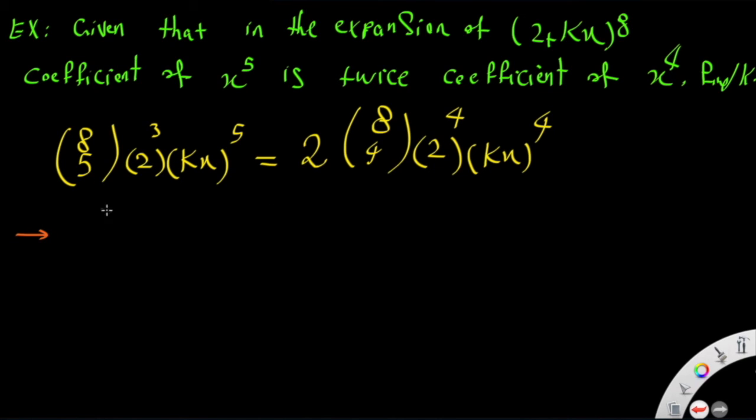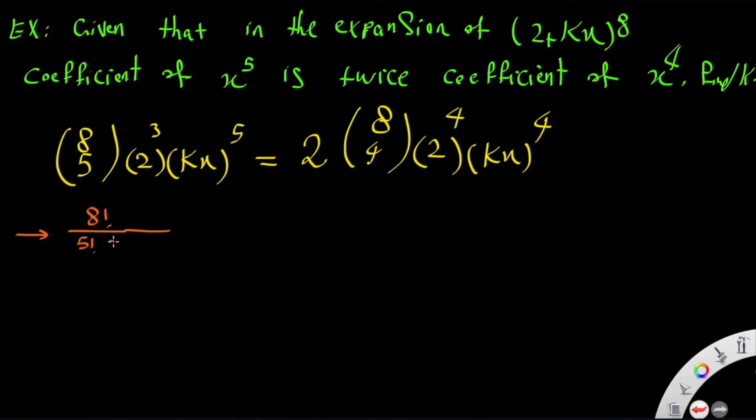Now combination of 8 and 5 will be 8 factorial over 3 factorial, 5 factorial. I'm mentally calculating, but you can also use a calculator. You're allowed to take a calculator with you in A-level examinations.